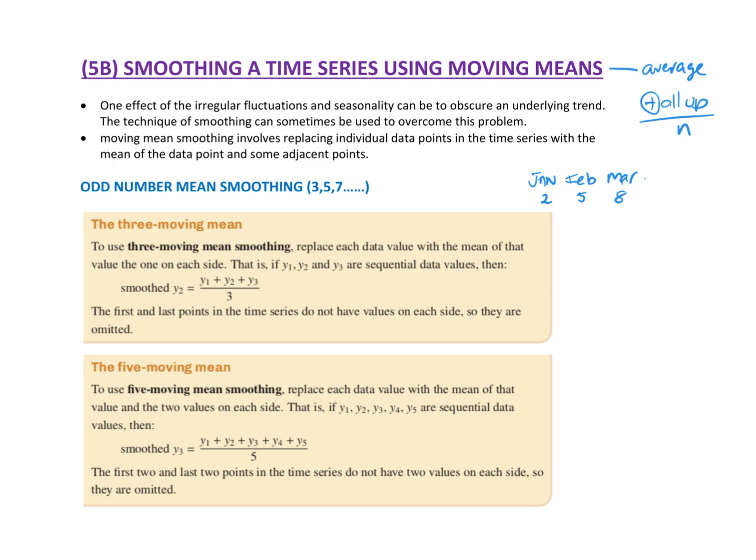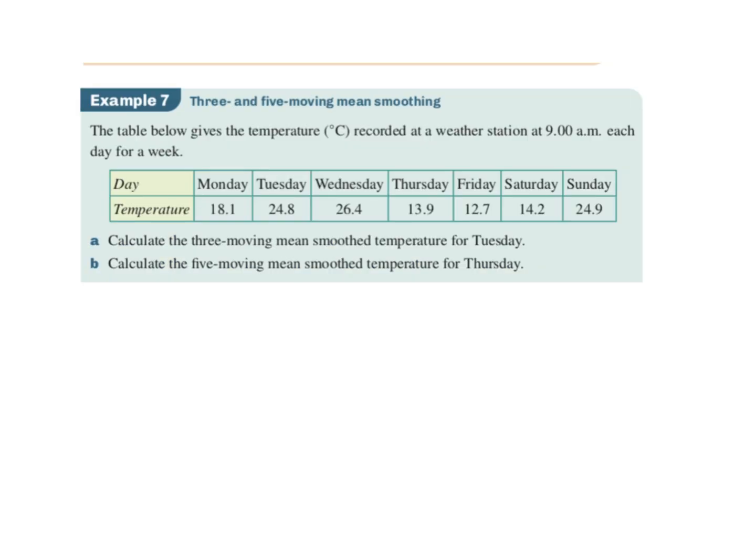If we were doing a 3 mean smoothing, and our data is going to keep going, we would add those up and divide by 3 and get an answer of whatever that is. That would be the first smoothed value, and we would put it on February, because that's the middle of the first set of 3. Then when we have 5 mean, we add up 5 and divide by 5. When we have 7, we add up 7 and so on. So we'll do some examples.